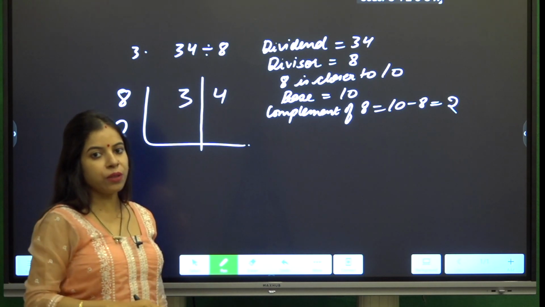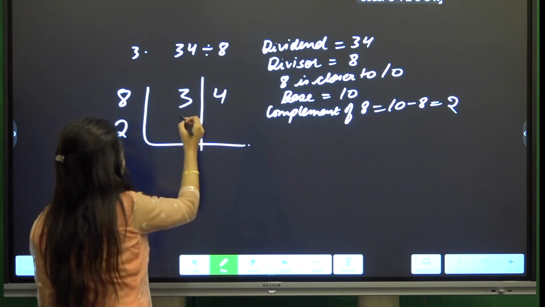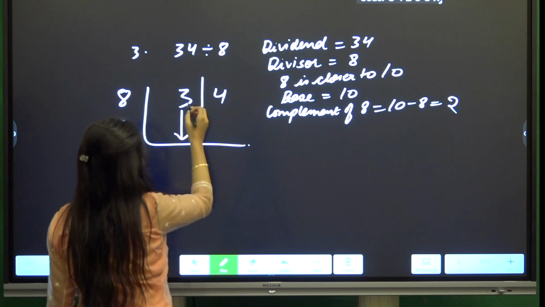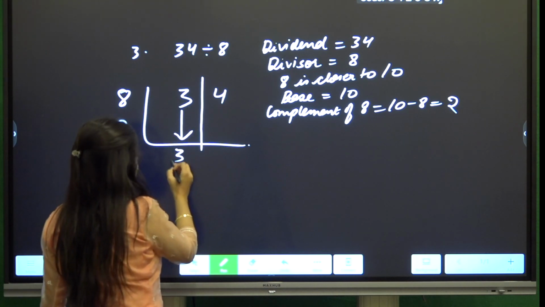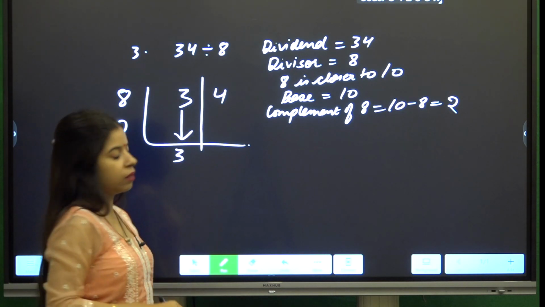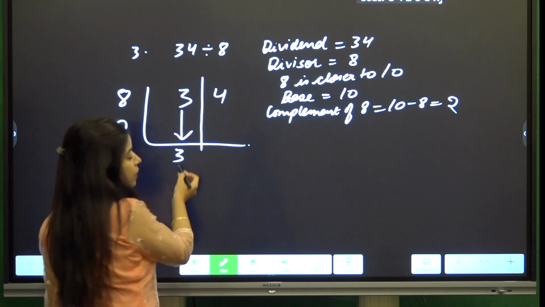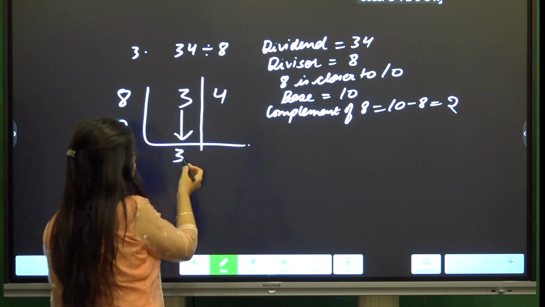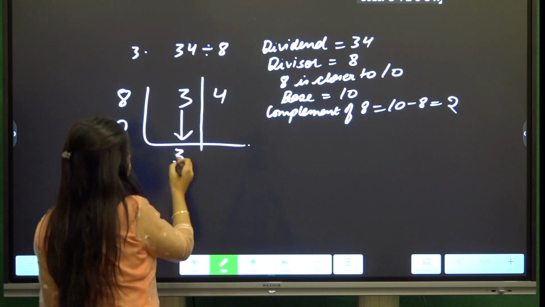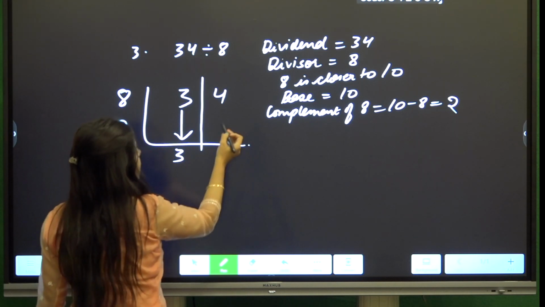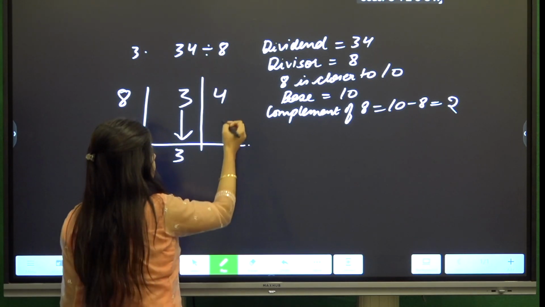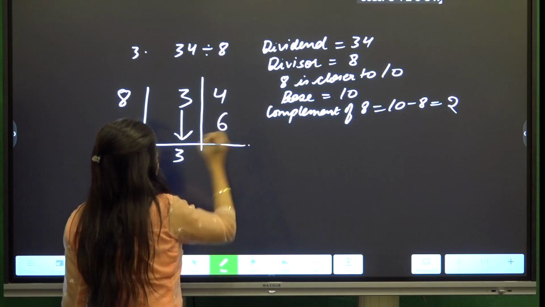For carrying out division, the first step is I am going to carry down the first digit of the number as it is. Okay. For the next step, I am going to multiply the first digit of the quotient with the complement, which is 3 into 2, 6, and I am going to place it below 4.